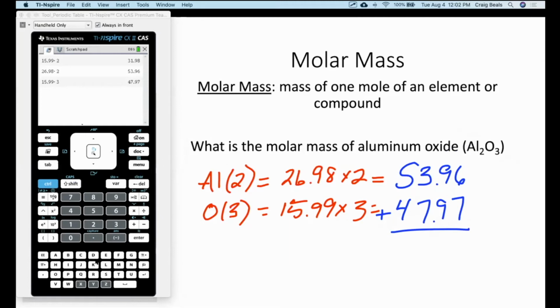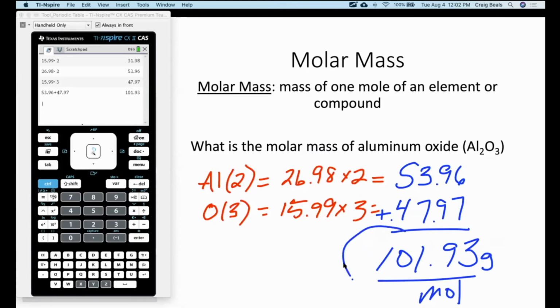Put it in the calculator. We've got 53.96 plus 47.97. Enter, and our answer is 101.93. That's the molar mass. That's grams per mole. Circle that for aluminum oxide.